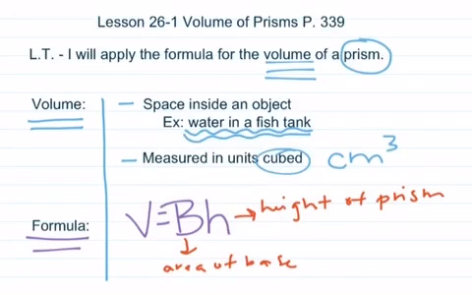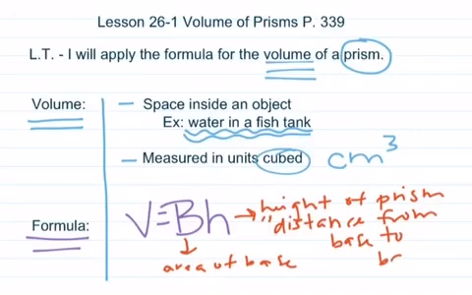And we say the distance from base to base. Today I'm going to show you, in the notes, an example of the volume of a triangular prism. But this is the formula for any prism: a rectangular prism, a triangular prism.